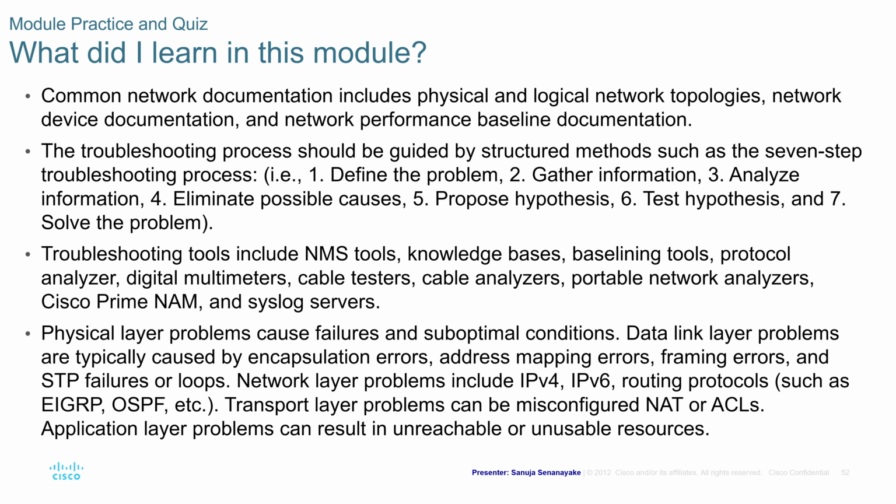While network layer problems include IPv4, IPv6 routing protocols such as EIGRP, OSPF issues. Transport layer problems can cause misconfigured NAT or ACLs. So typically are caused by those issues in NAT and ACLs being misconfigured. Application layer problems can result in unreachable or unstable resources.